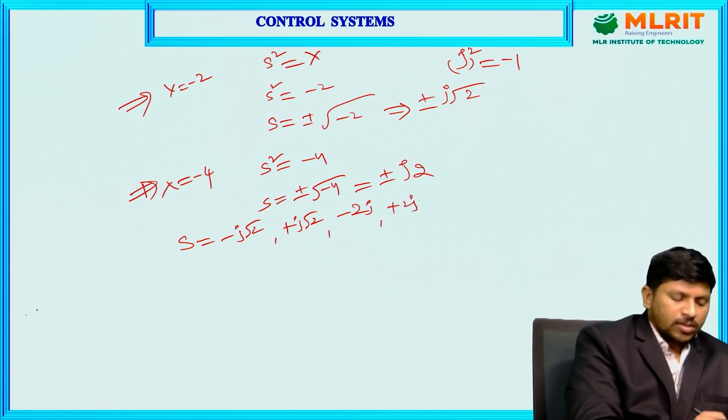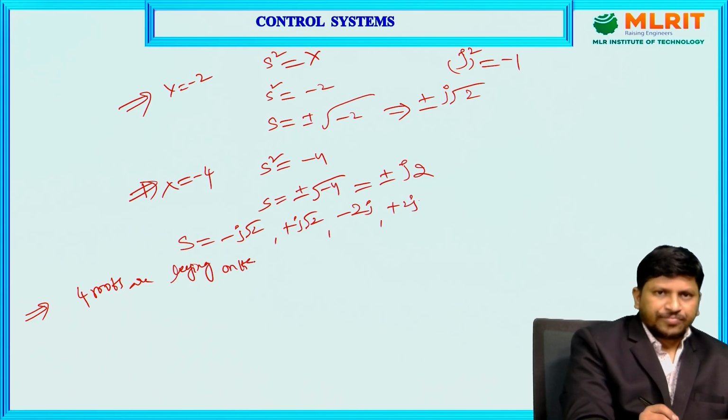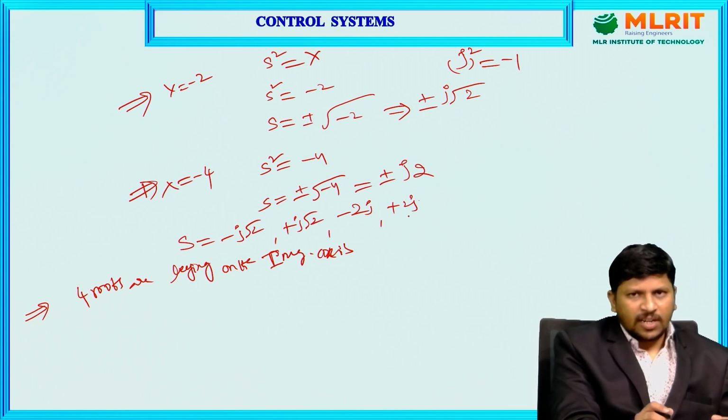Now these 4 roots are lying on the imaginary axis, because of the j terms. All 4 roots are on the imaginary axis.